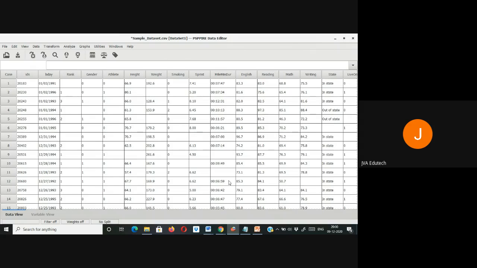Now see, both are categorical in nature, gender and smoking, and we want to test whether there is any association between smoking behavior and gender. Since we have two variables, variable 1 and 2, both are categorical variables. There is nothing called dependent or independent in that case.